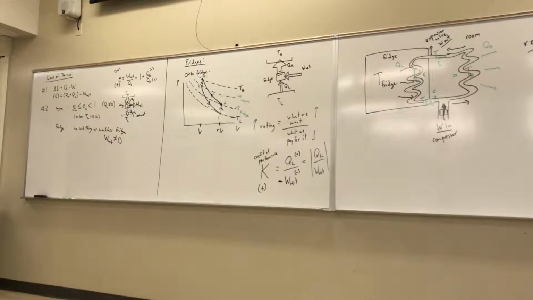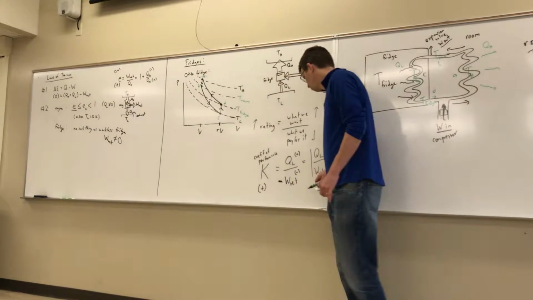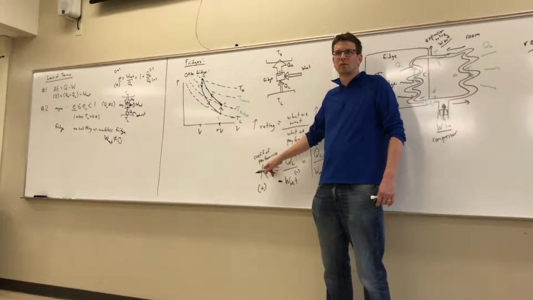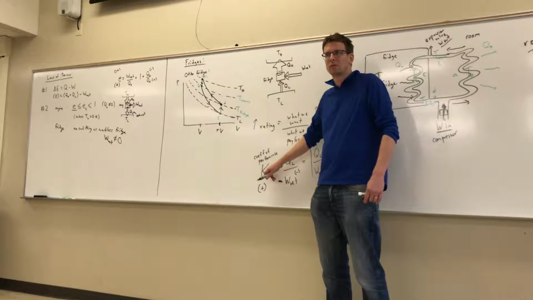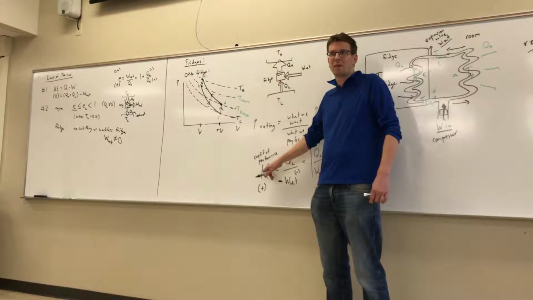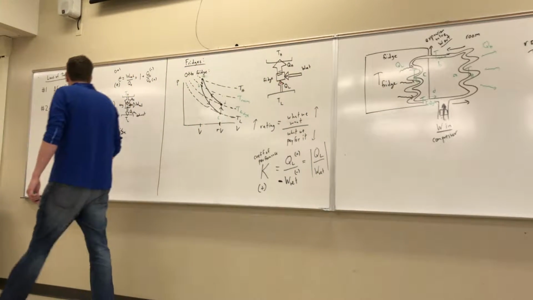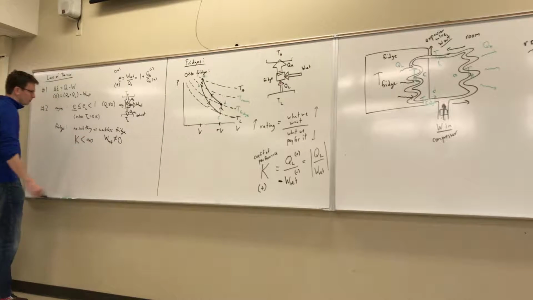A 0 in the denominator would give us a coefficient of performance of what? If this was 0, what would K be? Infinity. So we have to have that K is less than infinity.